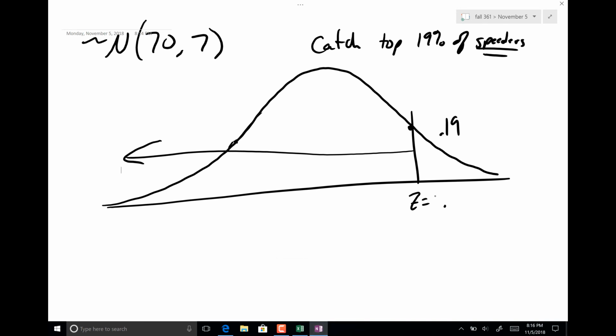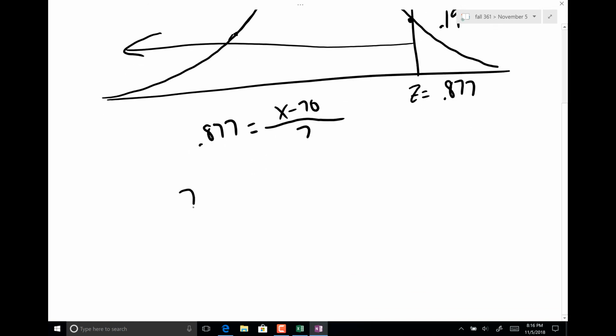So this is 0.877. And so 0.877 is equal to x minus 70 over 7. Look what you're saying here. You are saying that you are 0.877 standard deviations, yes? Wait for it.